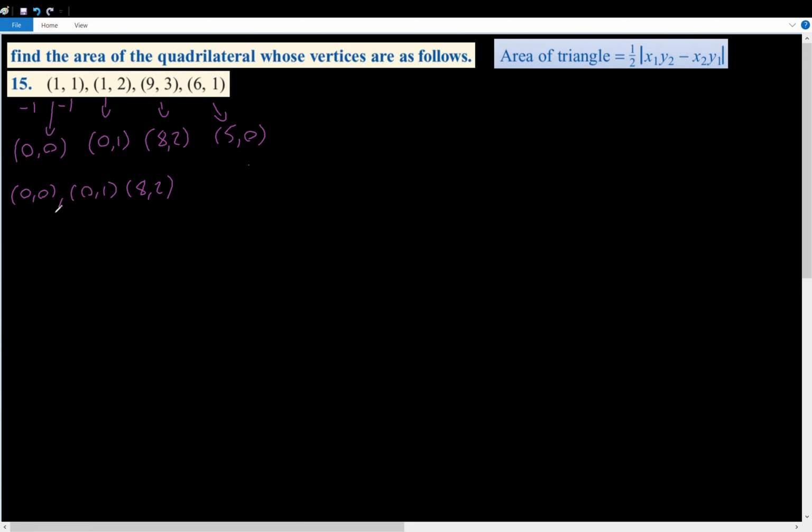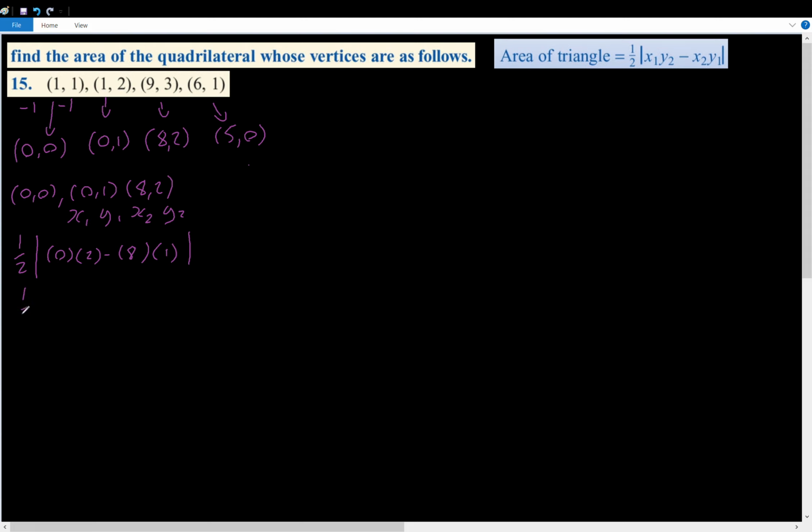Since 0, 0 is the origin, that means the other 2 are going to be point 1, x1 y1, and point 2, x2 y2. So we put those values into our formula. It's going to be 1/2 times the absolute value of x1 y2, which is 0 times 2, minus x2 y1, which is 8 times 1.